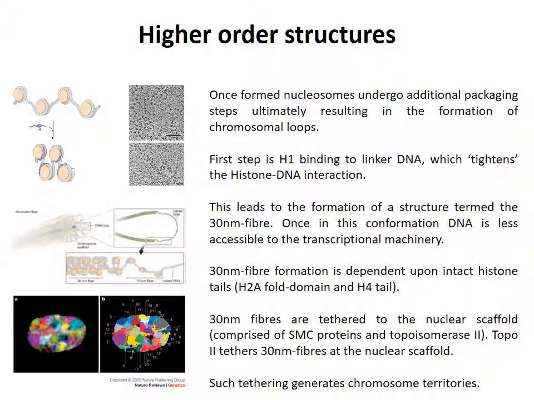It's clear that 30 nanometer fiber formation itself is dependent upon intact histone tails. So we mentioned the histone tails before. The histone tails are actually one of the most interesting parts of the histone proteins. We talked about how the histone tails help, in the previous slide, the DNA wrap around the nucleosome in the correct way, in this left-handed manner, to generate negative superhelicity. However, the histone tails are very, very important in other aspects as well.